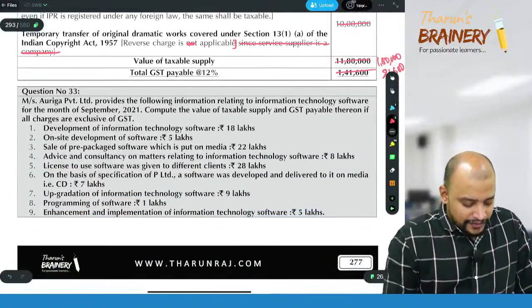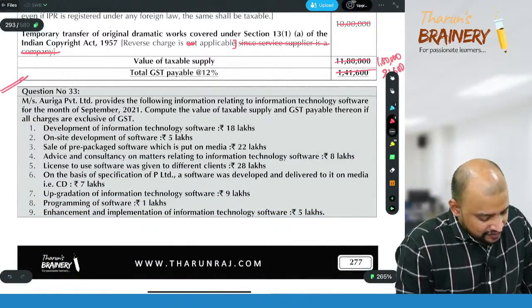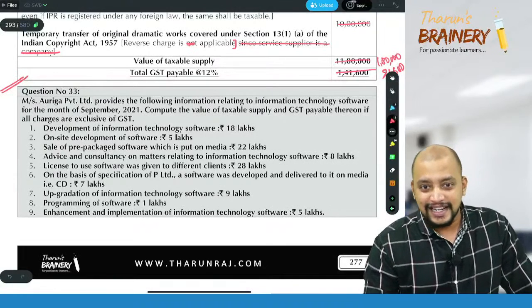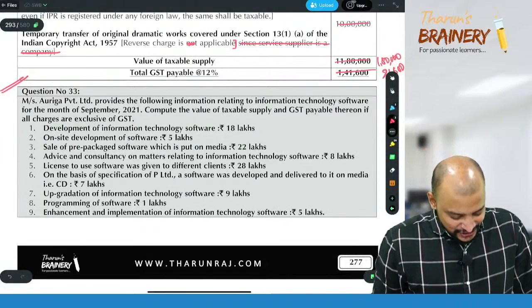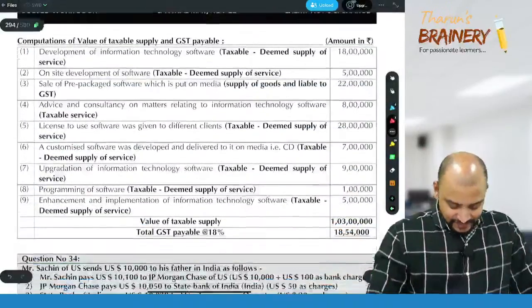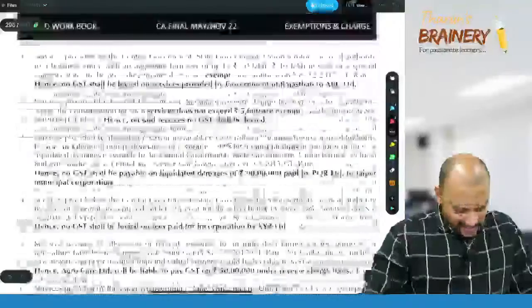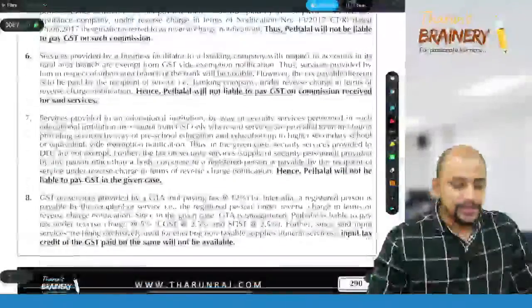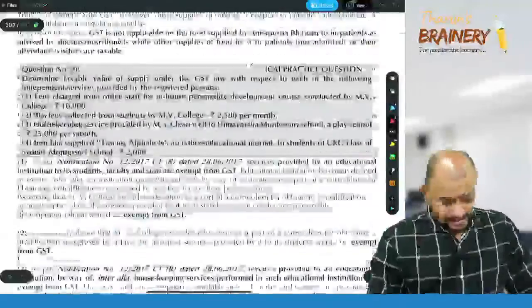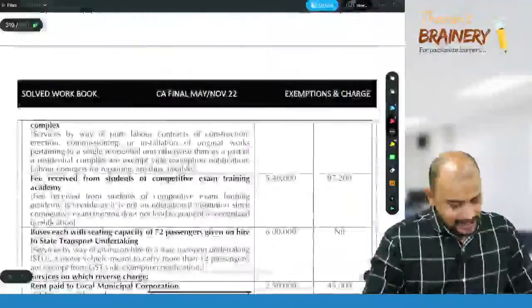Then from question number 33 onwards, we will see in the next weekend. We have, I think, 20 more questions and MCQs that we will complete next Saturday.